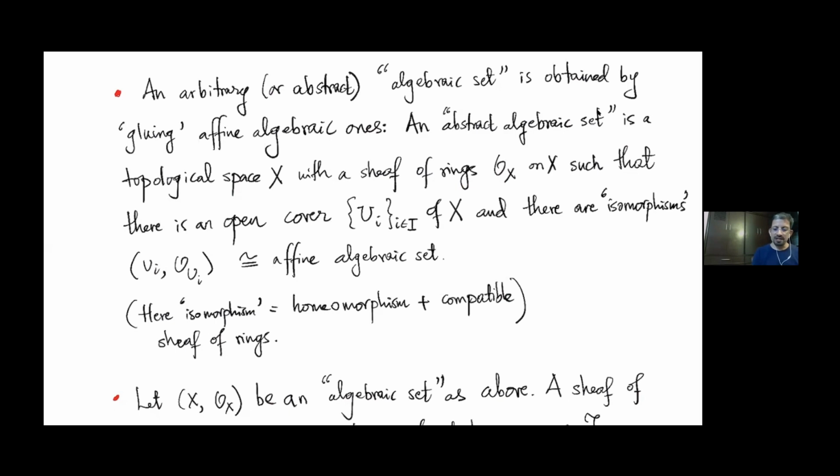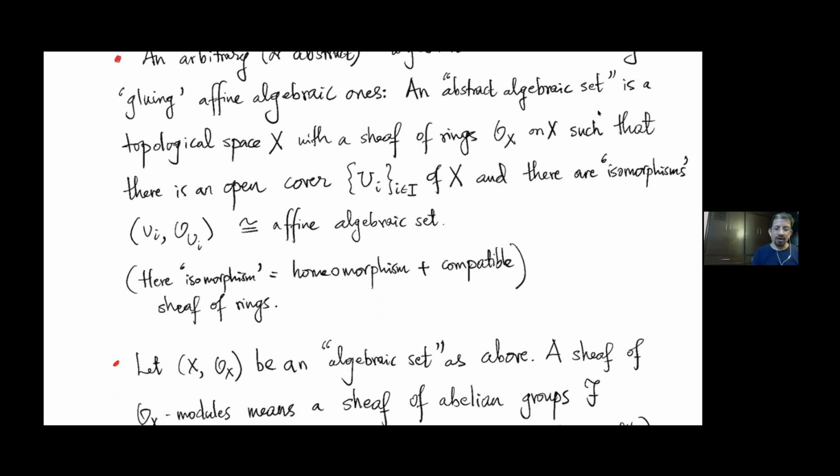So an abstract algebraic set is a topological space with a sheaf of rings such that there's an open cover of X, say U_i, such that there are isomorphisms. Over this open cover, my abstract algebraic set should look like an affine algebraic set. Here some technicality is hidden.